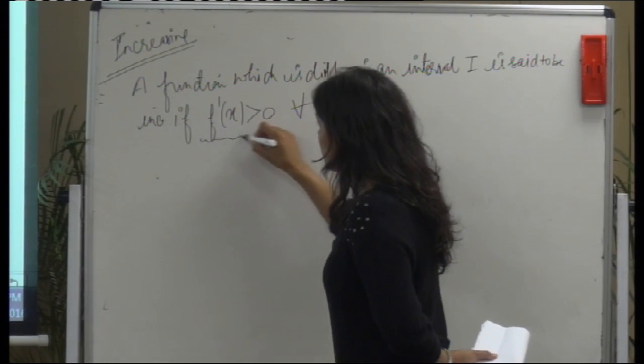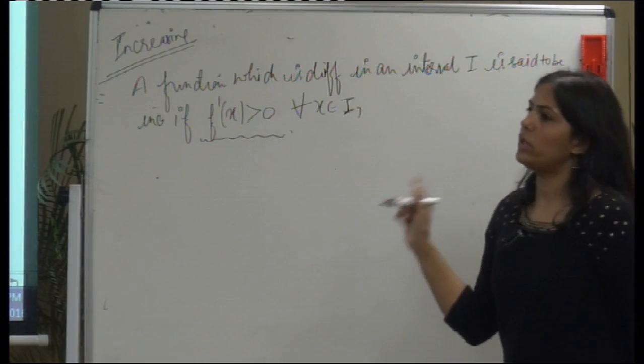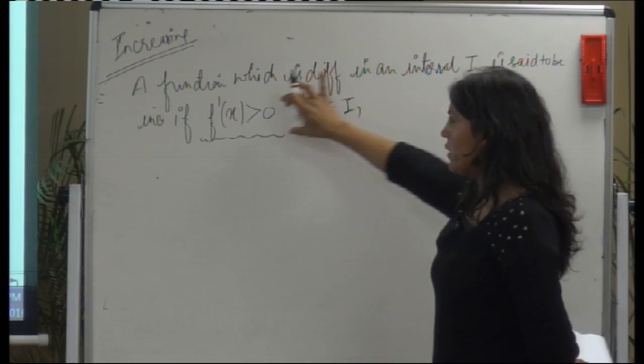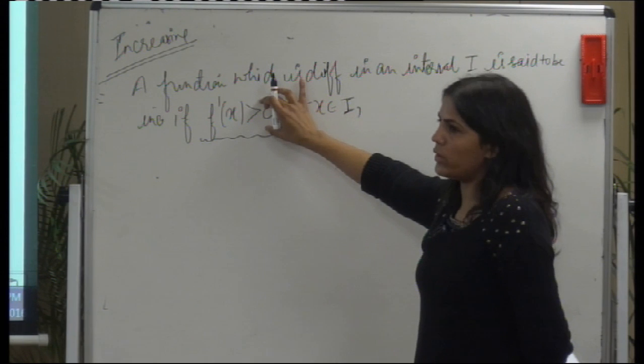So this is the only definition now. We will find the derivative and we will check on that interval if it is greater than 0 for all values, we will see it is increasing.